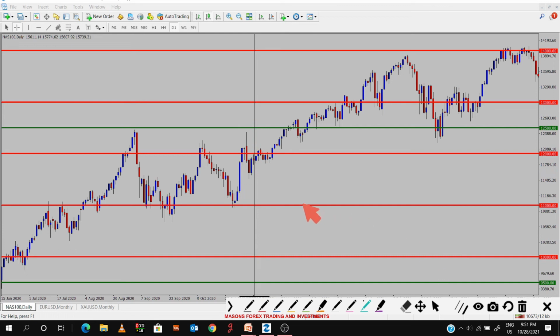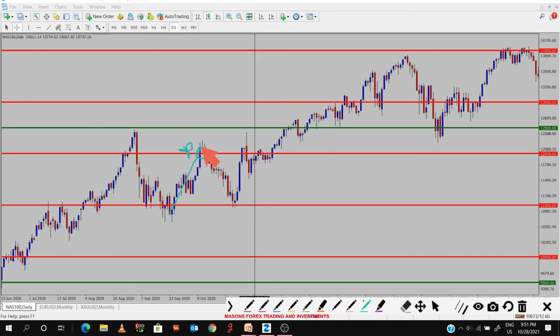Let's look at our 11,000 level. Same thing happens. We have resistance at this level. Okay, sorry, let us look at this 12,000 level. Again, we have resistance.